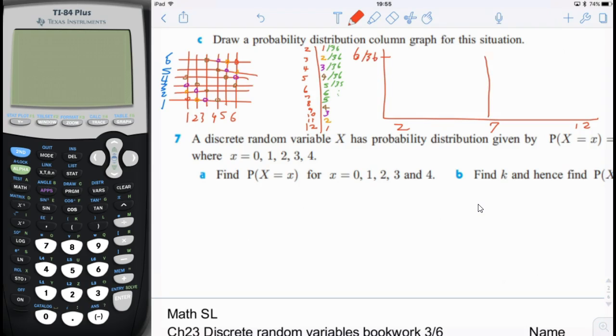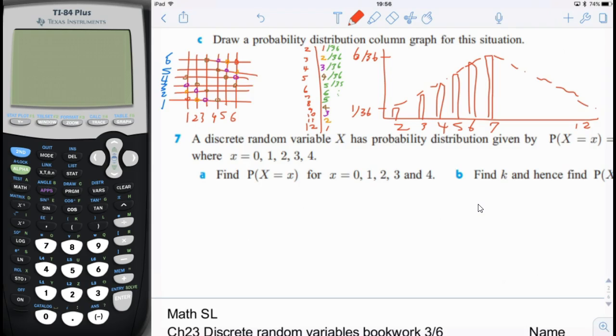Okay, and then the 2 has a probability of just 1 of 36. And then with the numbers in between, 3, 4, 5, 6, each one of these is kind of growing, right? So 3 goes up to here, 4 goes up to here, 5 goes up to here, 6 goes up to here, and in the other direction it's the same thing. Okay?